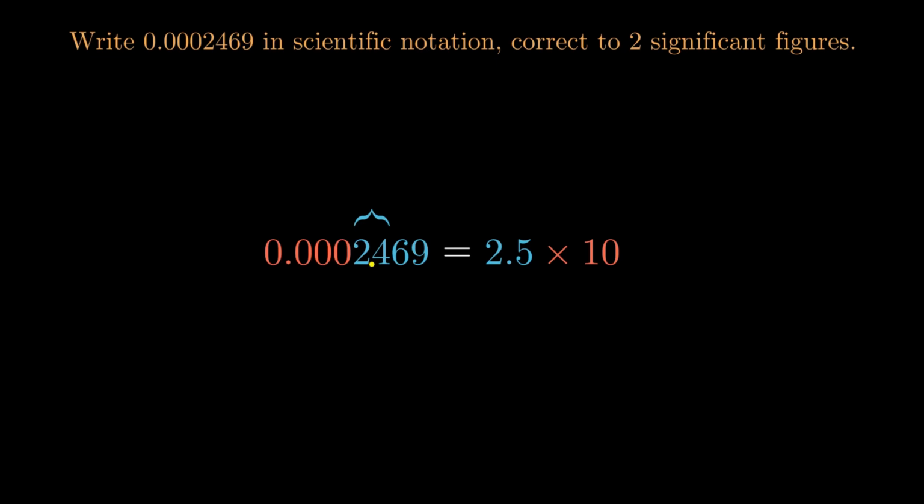Backwards one step is 10 to the negative 1. Then negative 2, negative 3, negative 4, and we're done. So our number is 2.5 times 10 to the negative 4. Okay, and the takeaway here being that negative powers move the decimal point to the left, which lets us handle these tiny 0.000 something numbers.